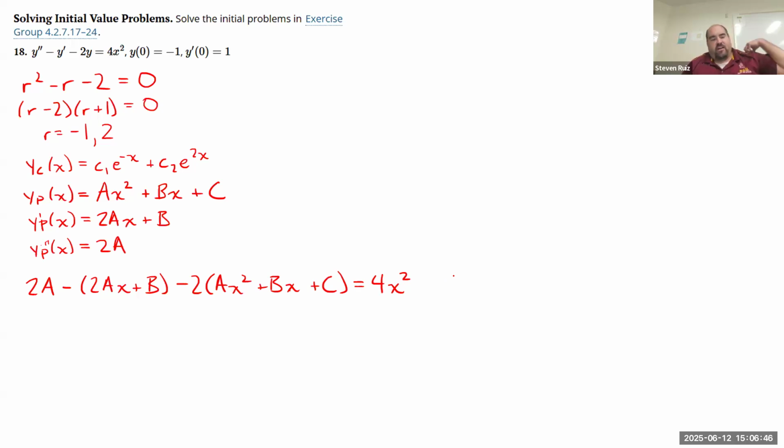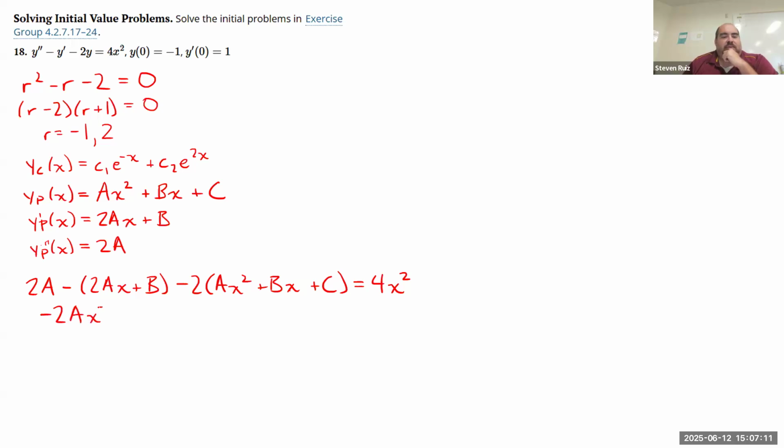So how do I solve for these constants a, b, and c? Actually, it might be as simple as this. So let's be sure. I think the only term I have that's going to be x squared is going to be negative 2ax squared.